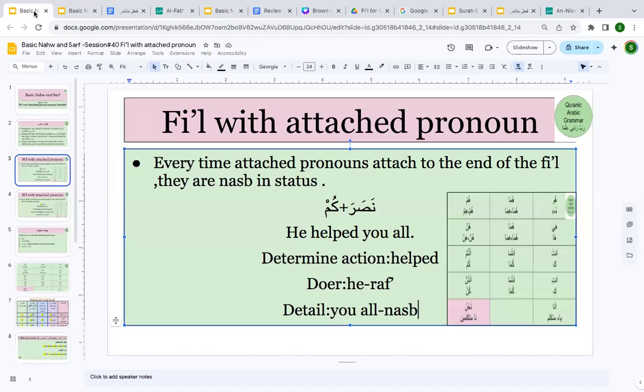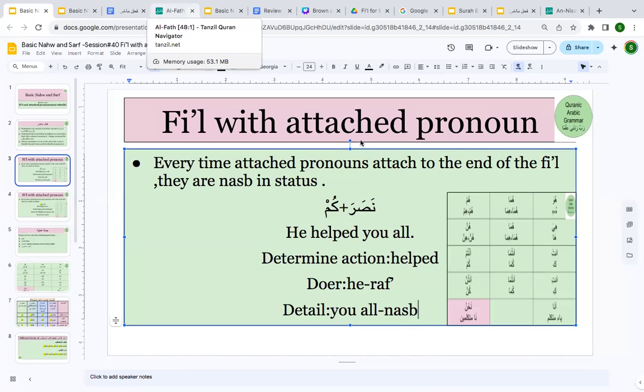But today and in the last session, we are learning about the attached pronouns like ka, kuma, kum, ki, kuma, kunna, or hu, huma, hum, ha, huma, hunna, hi, hima, him. All these are not inbuilt in your fa'il, right? Those are attached pronouns, but they are not inbuilt pronouns of our fa'il.